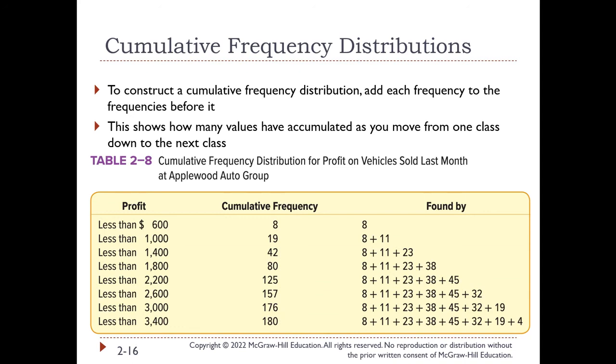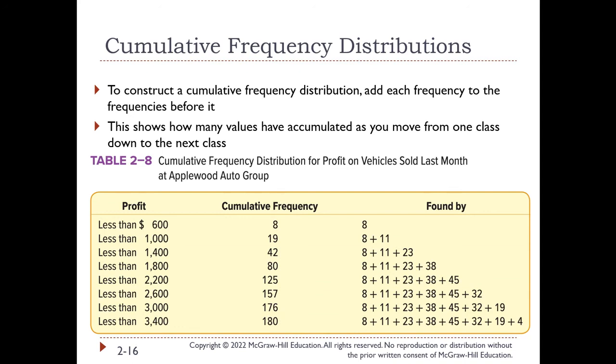We can see that with all of our classes. The quick way to see it is that less than 600 was 8.